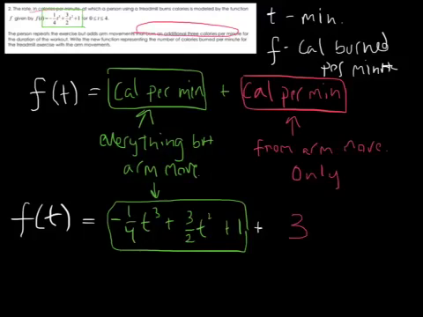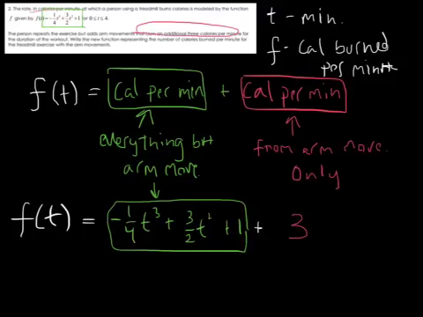The arm swing isn't varying with time, it's simply being added on. If you were burning 4 calories per minute and then added in the arm swing, the answer would be 7 calories per minute.